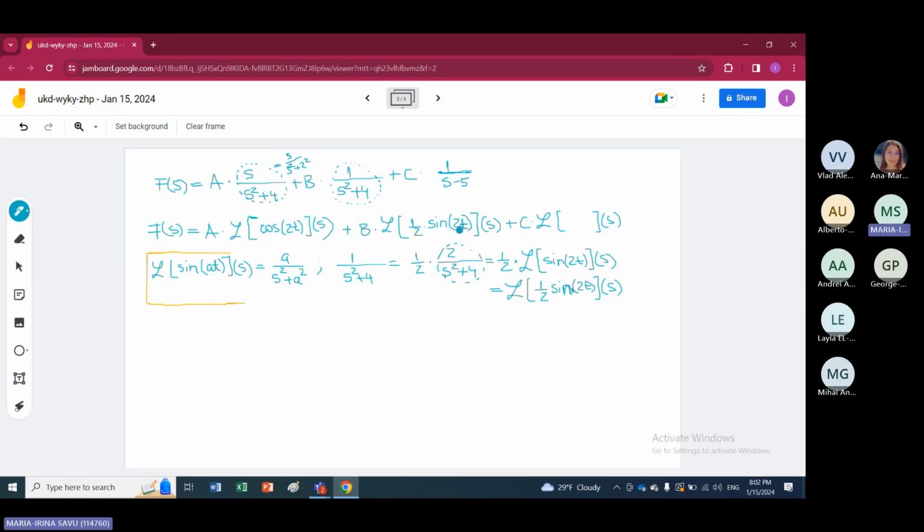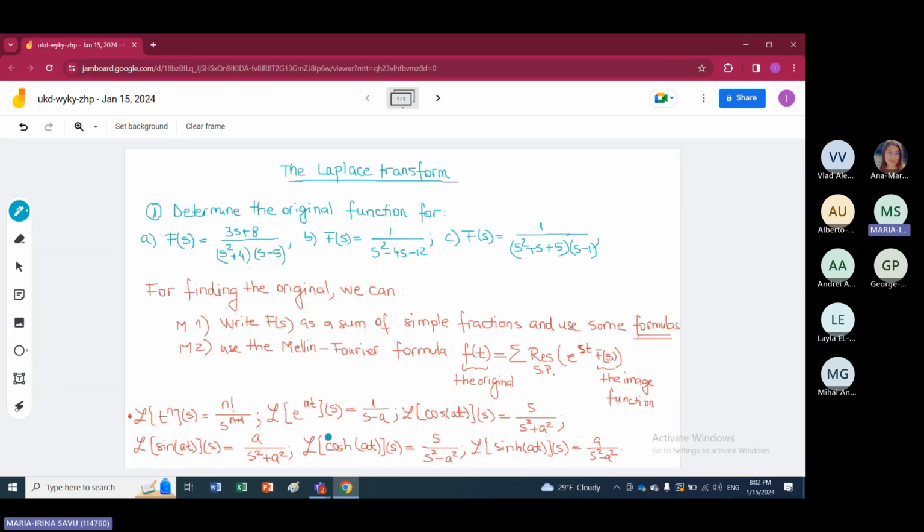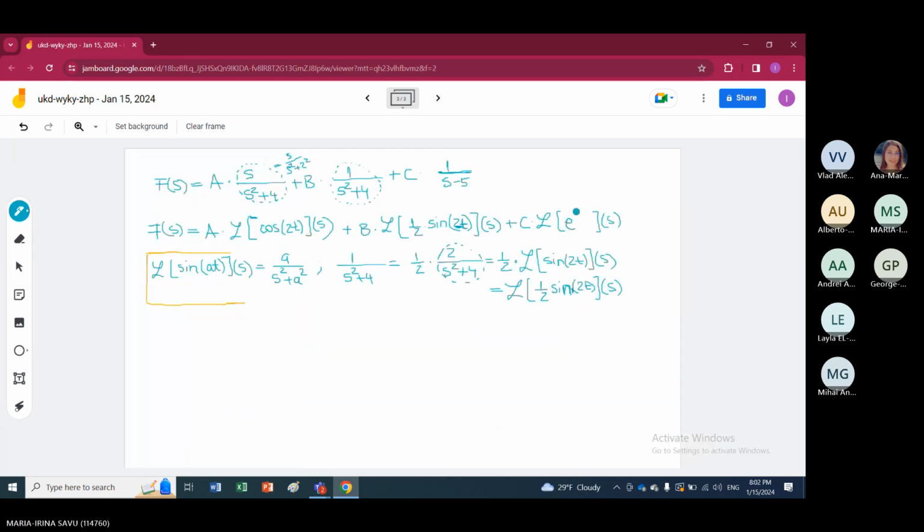Do you hear me? Is it the function e to the power of 5t? It's e to the 5t because a is 5 in this case. Okay, so this is e to the 5t.